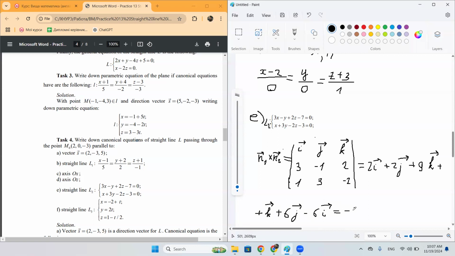So finally minus 4i, plus 8j, and plus 10k.